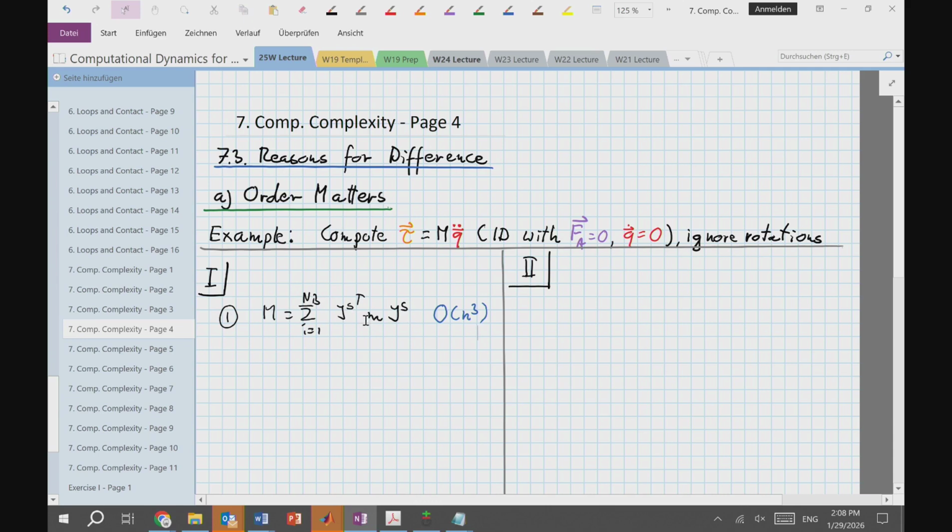So each element of that partial mass matrix requires 4 multiplications, 2 additions. But you have to do this for each element of the partial mass matrix, because what we create within the sum is an n by n matrix.